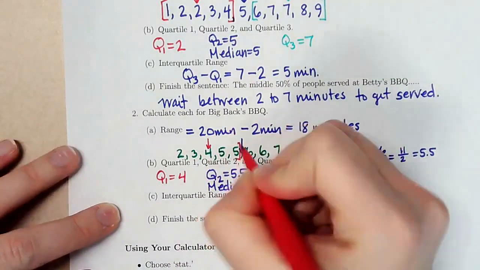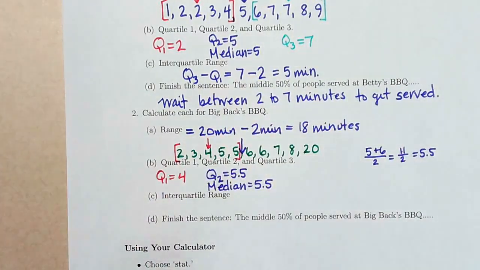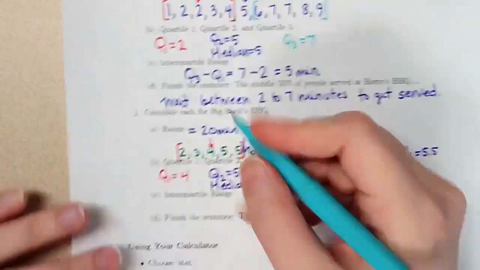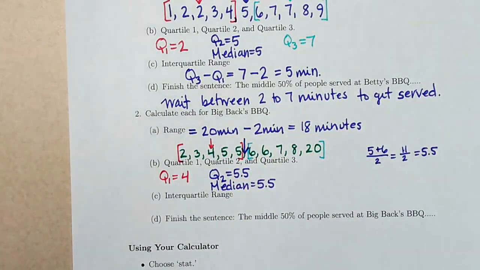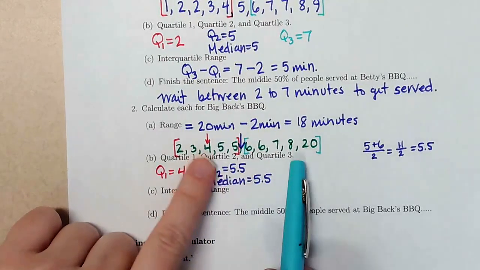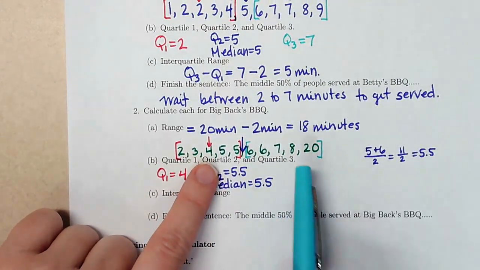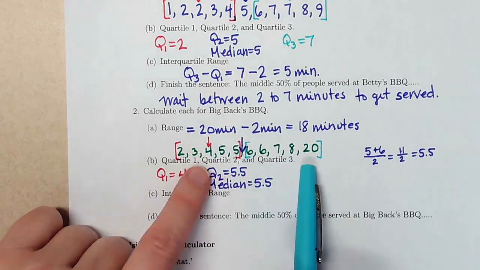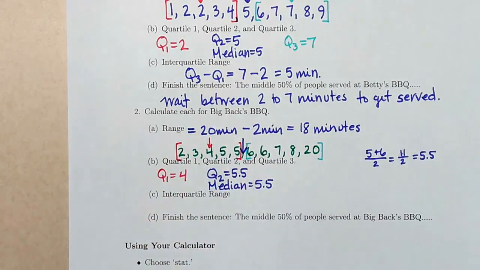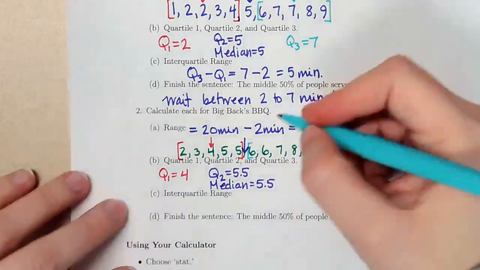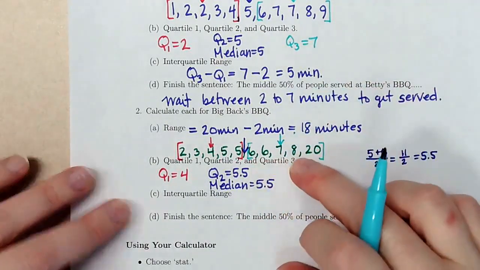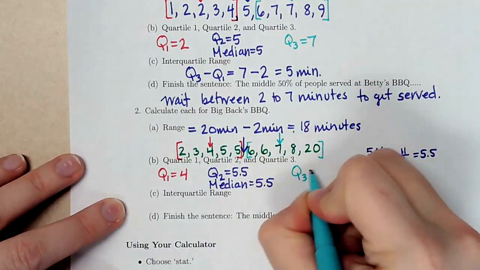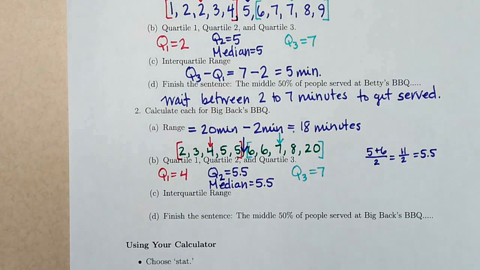Just so we can visually see, 10 is also not divisible by 4, so it won't be perfect quarters either. It is perfect halves, 50-50, because 10 is divisible by 2, but not perfect 25% in each. The middle of the high half, Q3, is 7 minutes.